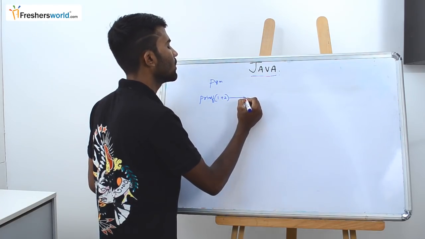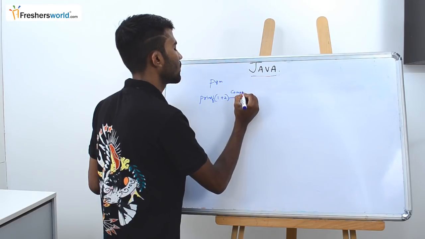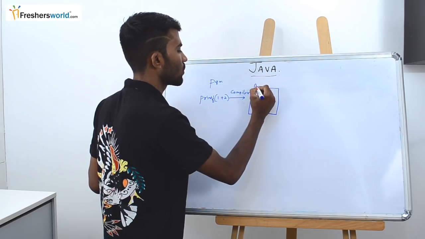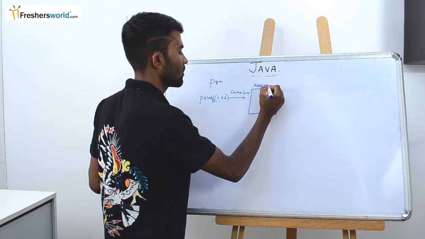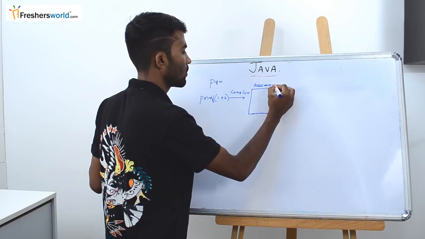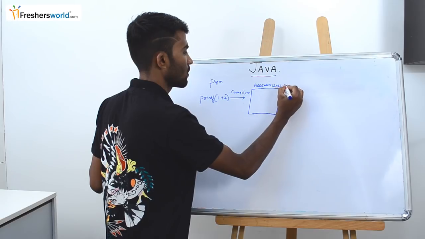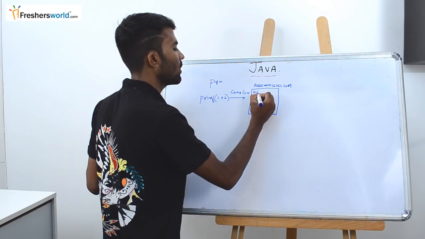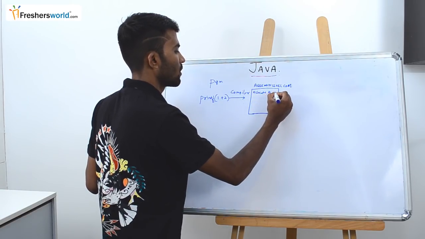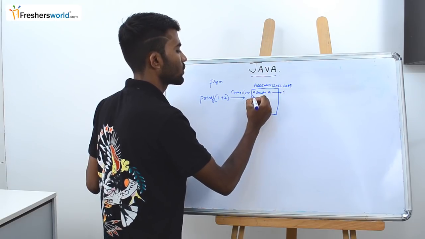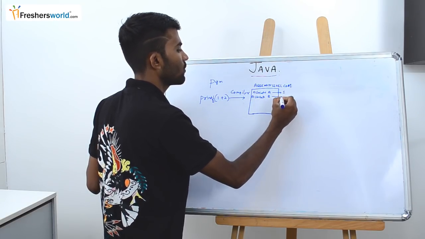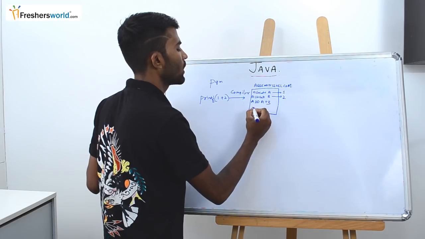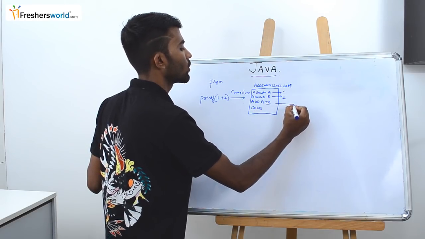Now I give it to the compiler. Now it generates assembly level code, wherein it tries to allocate memory A for 1, allocate memory B for 2, add A plus B, and call the operating system to perform the operation.